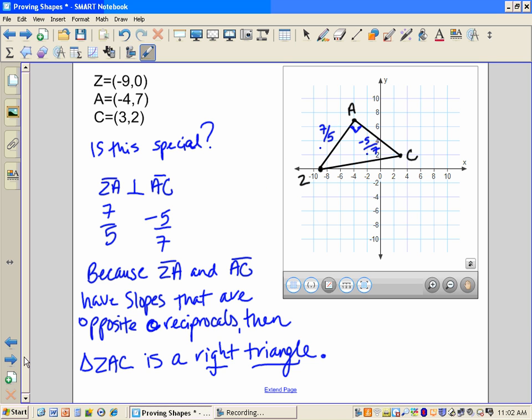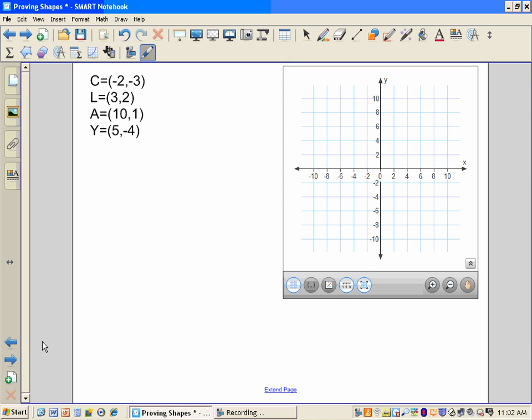Let's take a look at another example. Here we have CLAY. Since I have 4 points, I'm assuming this is going to be a quadrilateral. C is -2, -3. L is 3, 2.